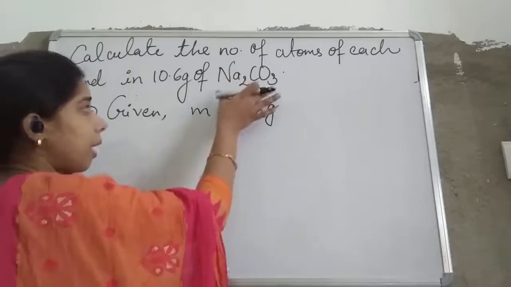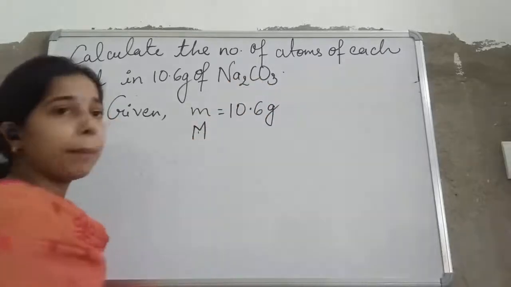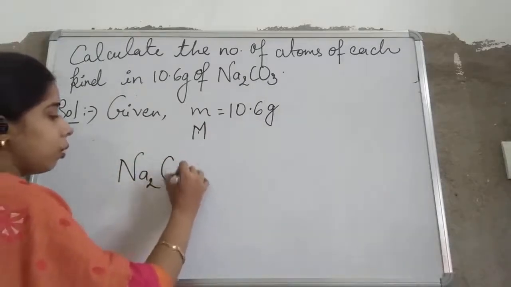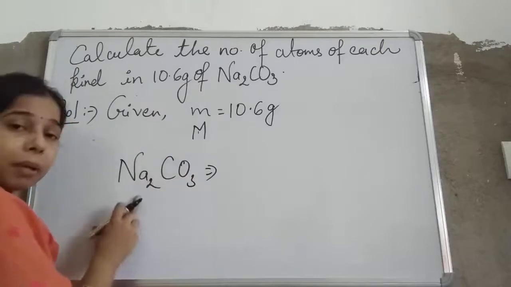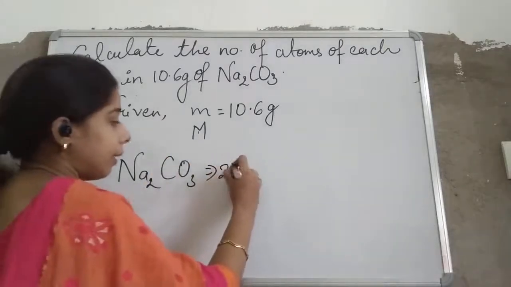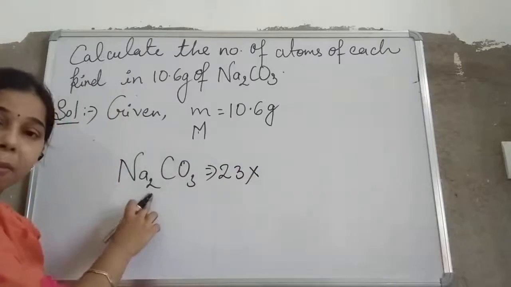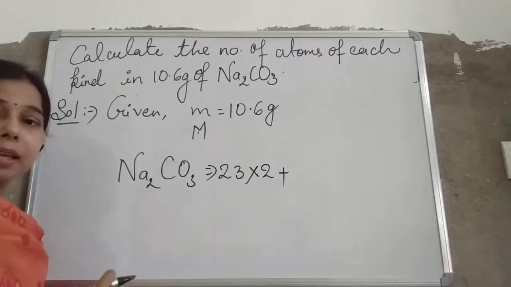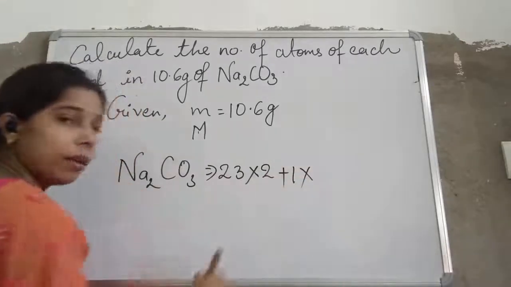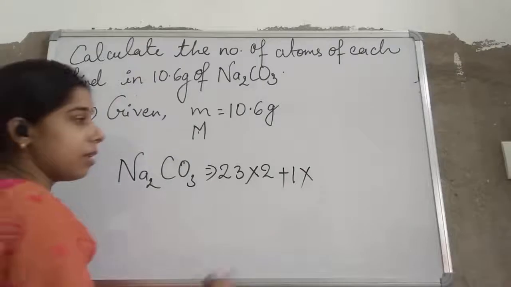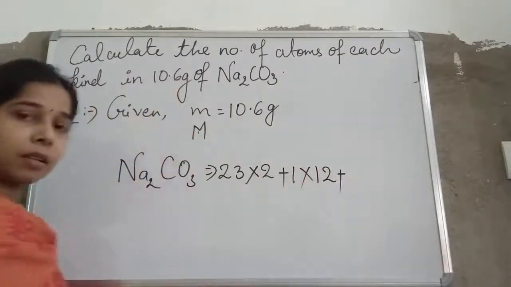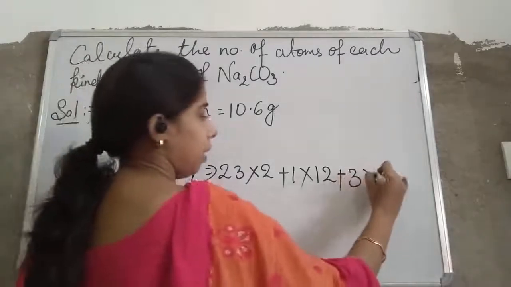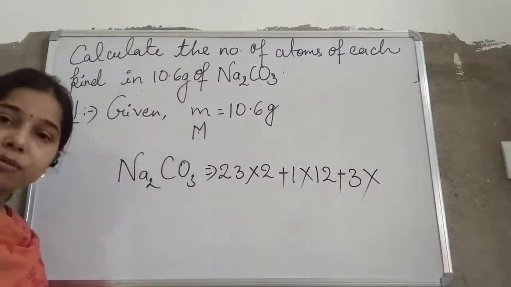So before that we can use capital M. How can we find the capital M, students? That is Na2CO3. The atomic mass of sodium is 23 into the number of atoms, that is 2, plus carbon, the number of atoms of carbon is 1 and the atomic mass of carbon is 12, plus the number of atoms of oxygen is 3, so 3 into the atomic mass of oxygen, which is 16.